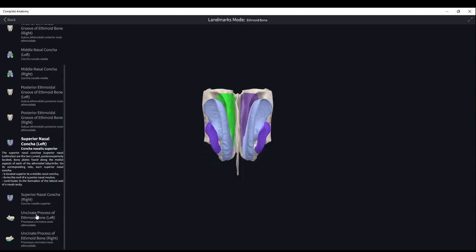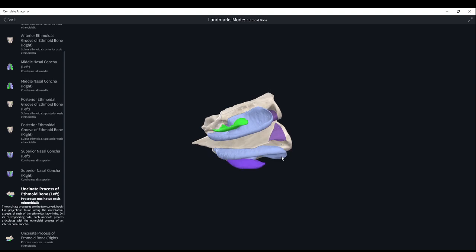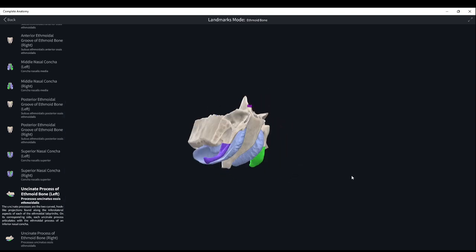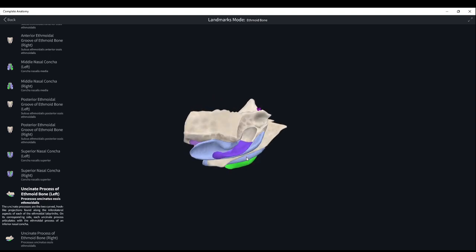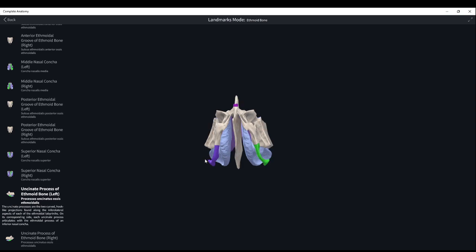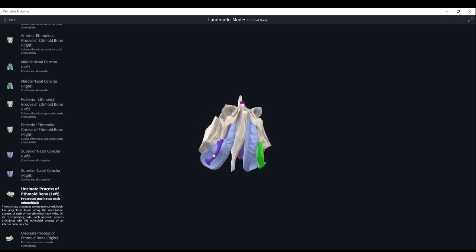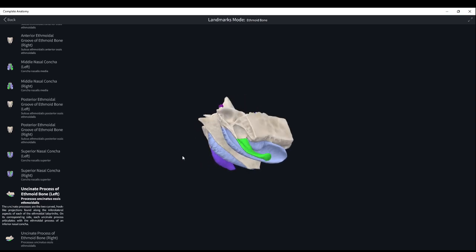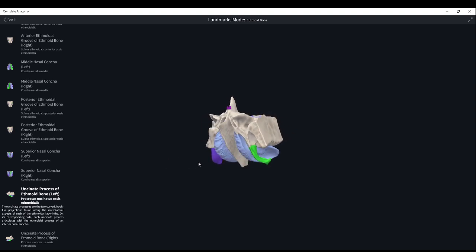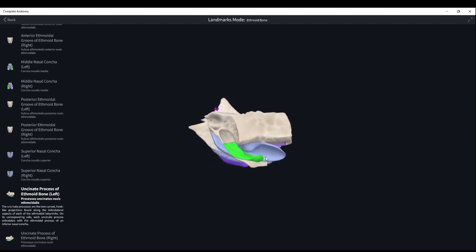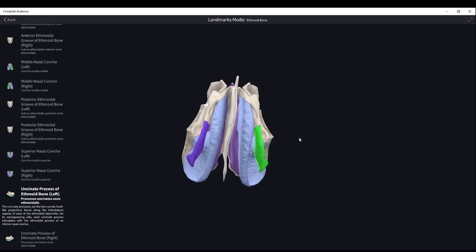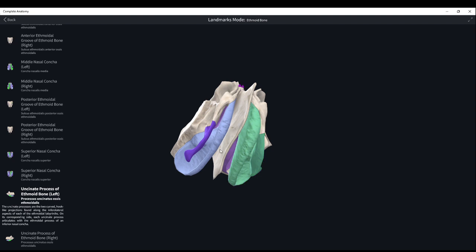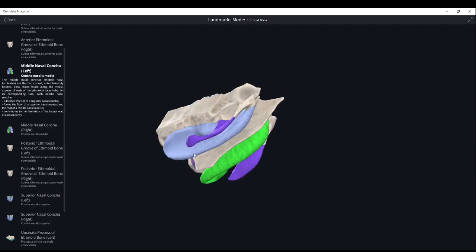Next one is the uncinate process, a hook-like, curved projection found along the inferior lateral aspect of each side, which joins the ethmoidal process of the inferior nasal concha to form the medial nasal wall, and also the middle nasal concha.